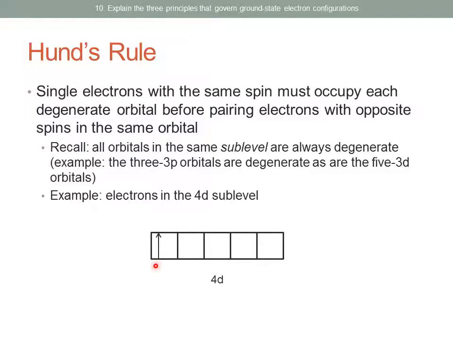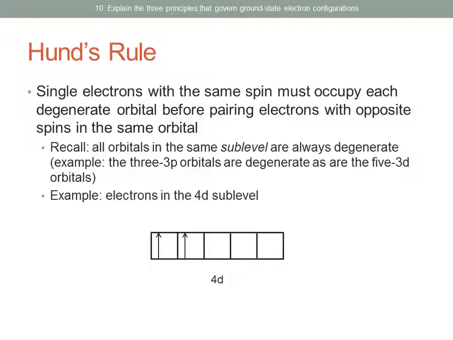Well, according to Hund's rule, it says that single electrons with the same spin, we already have a positive spin here, so the next electron will also have a positive spin. The same spin must occupy each degenerate orbital. So the next electron will go in the next orbital with a positive spin.